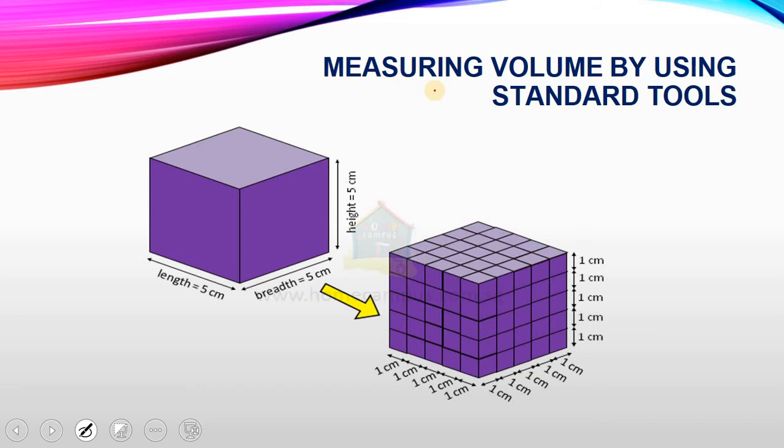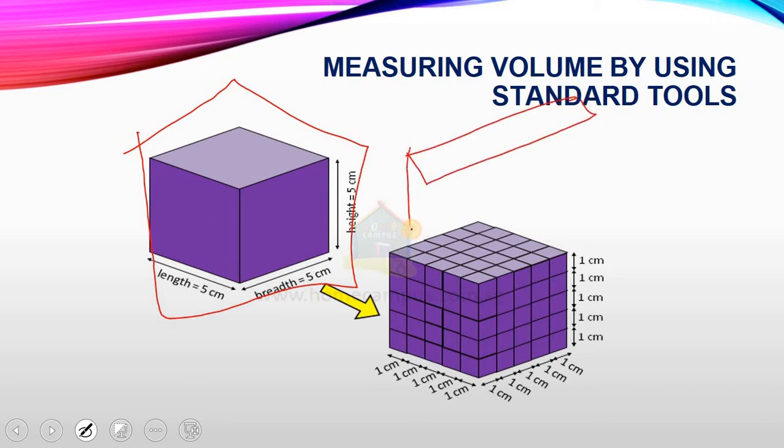If you want to measure a cube or another solid, for example a rectangle, you need to use small cubes of the same sizes, then you will be able to measure the volume of a solid.